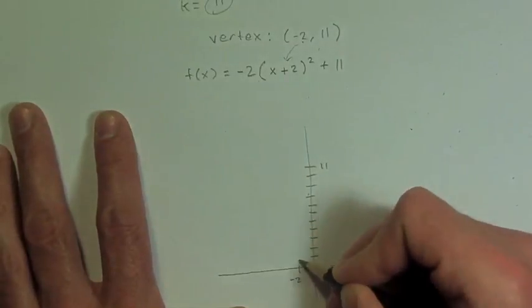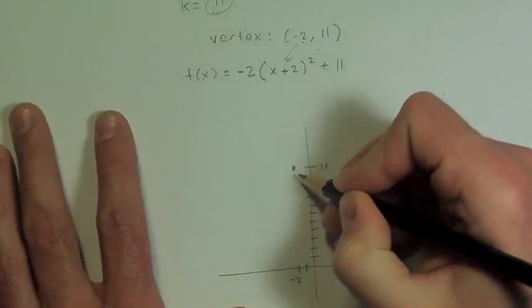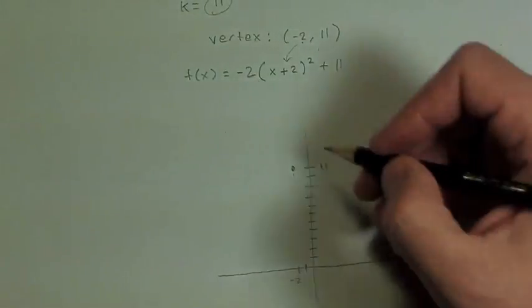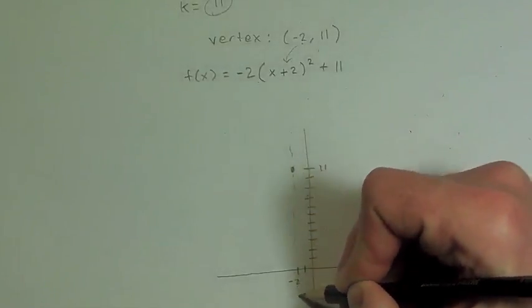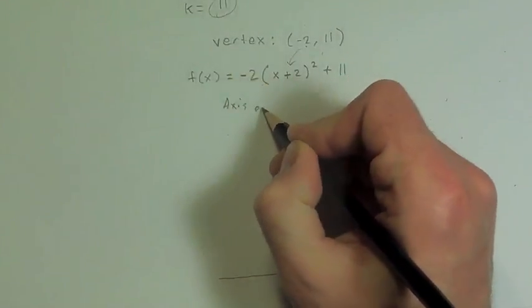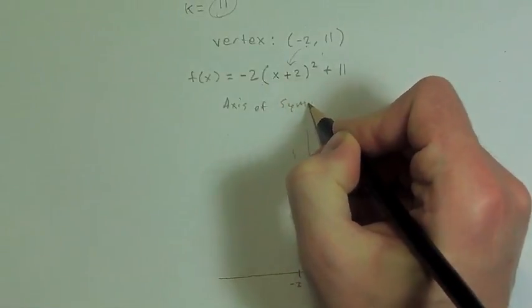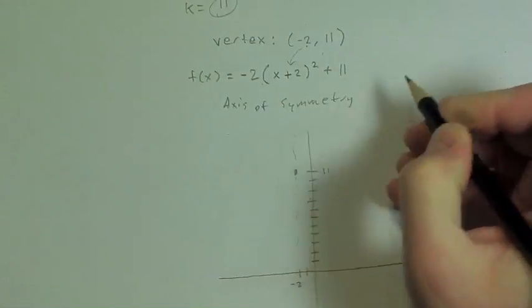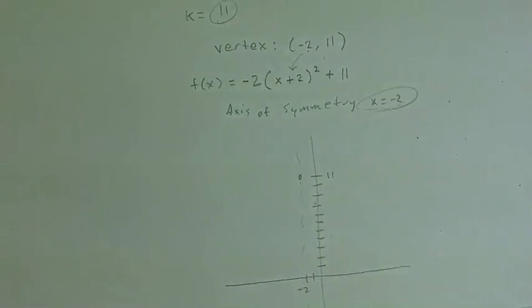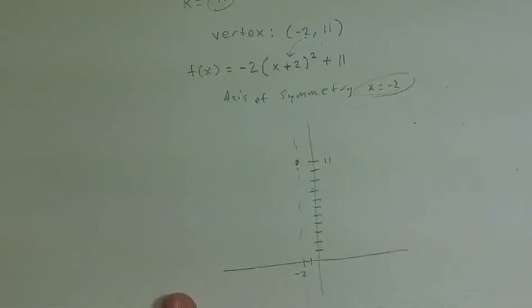Here's -2, 11. Okay, so there's our vertex. We also have our axis of symmetry that I can already tell you what it is. Okay, it's x equals -2.